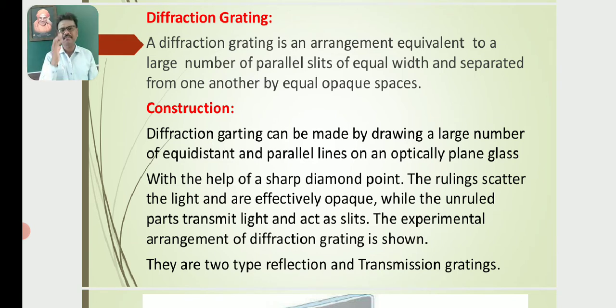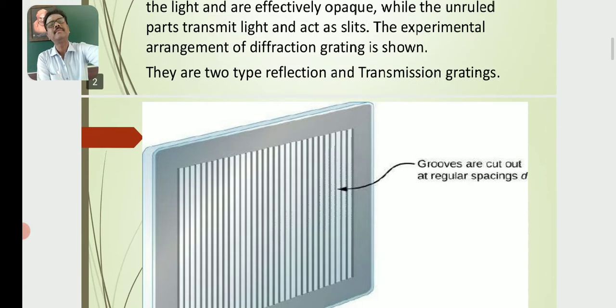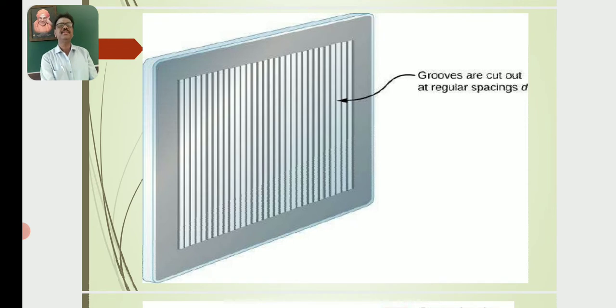But usually we use the transmission grating. As in the diagram of a transmission grating, a number of lines are drawn on an optically plane glass plate, with grooves cut at regular spacing.